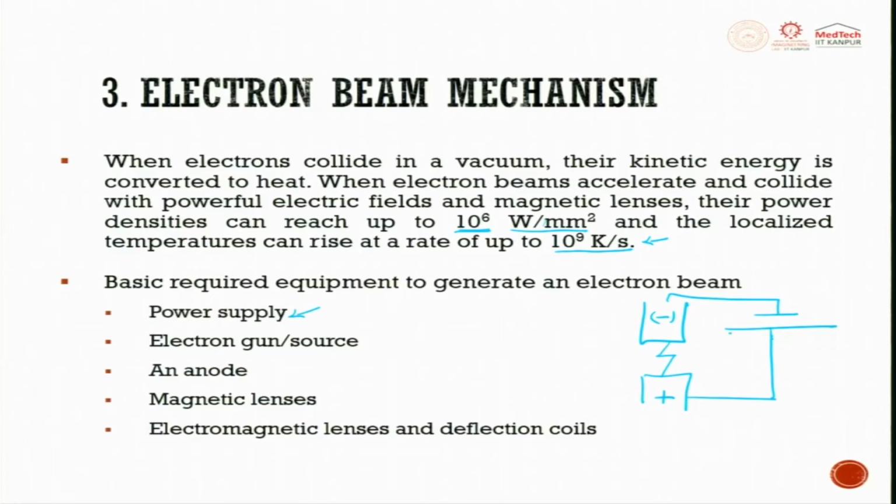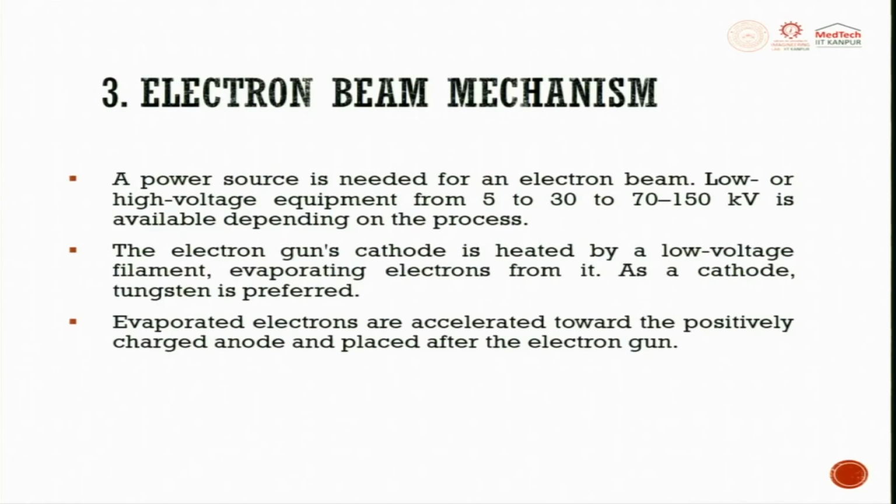So, the power supply is very, very important. So, power supply, then is the electron gun, I told you, the source, then an anode, magnetic lenses, then electromagnetic lenses and deflection coil, which are used for creating the electron beam and trying to hit the workpiece.